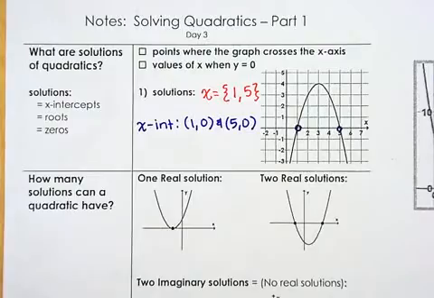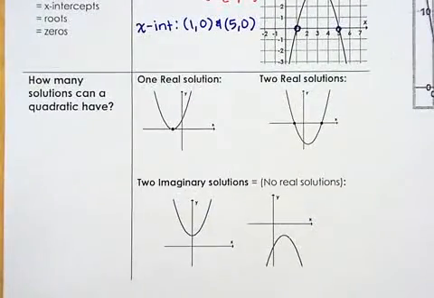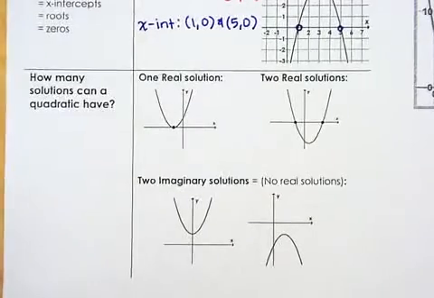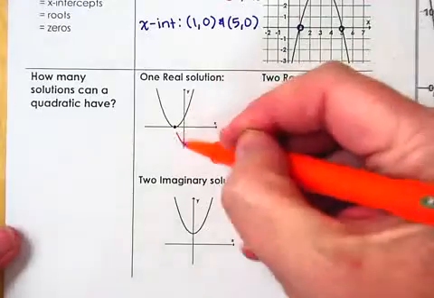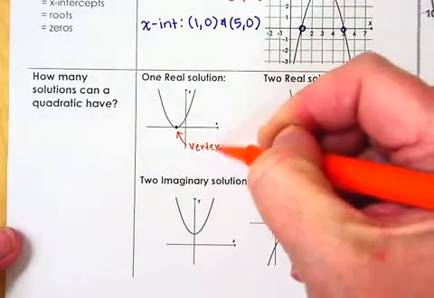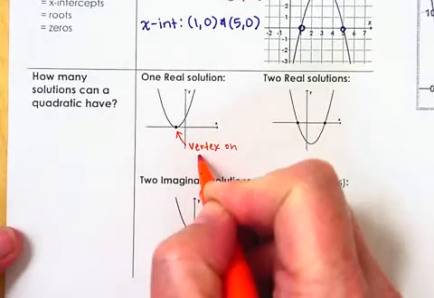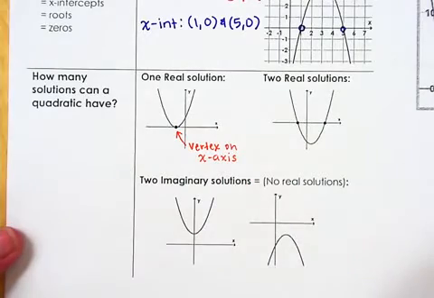So what are all the possibilities of types of solutions that can be had by a quadratic? Quadratics can have one real solution, and that happens when the vertex is on the x-axis. Then there's only going to be one solution.